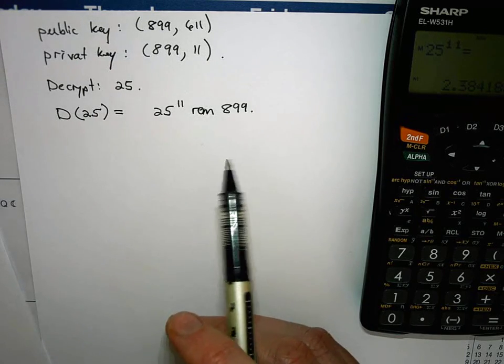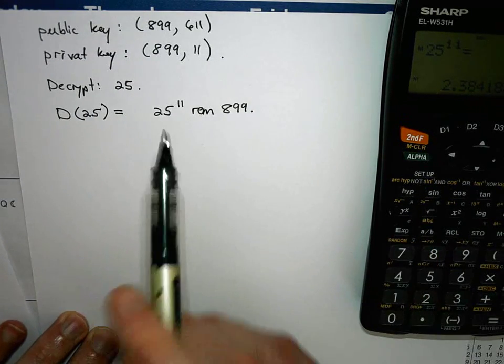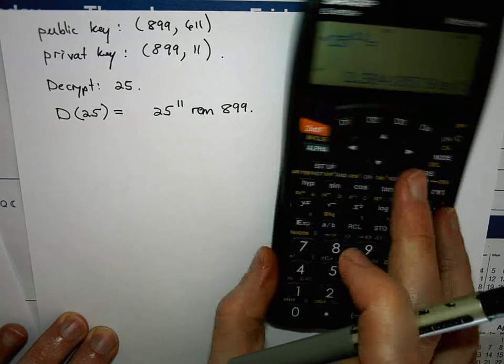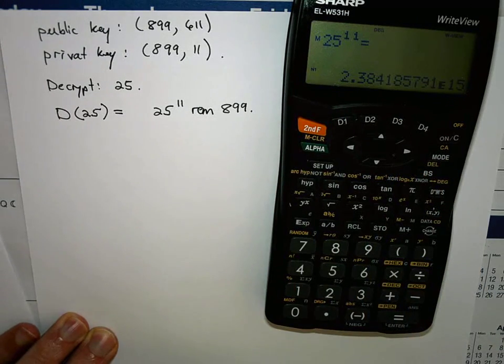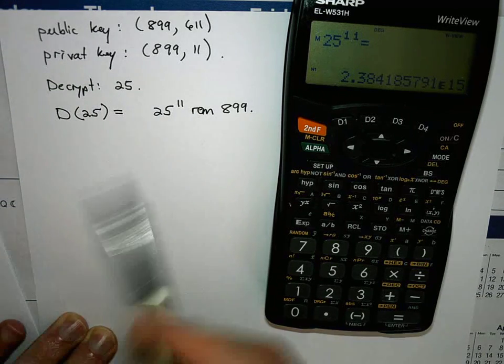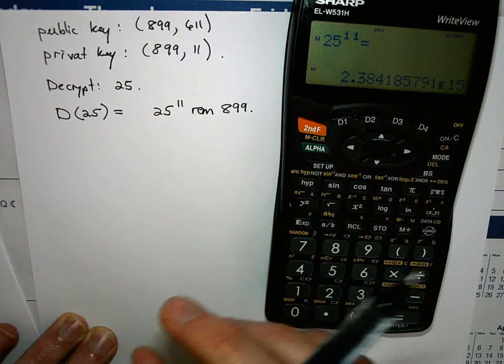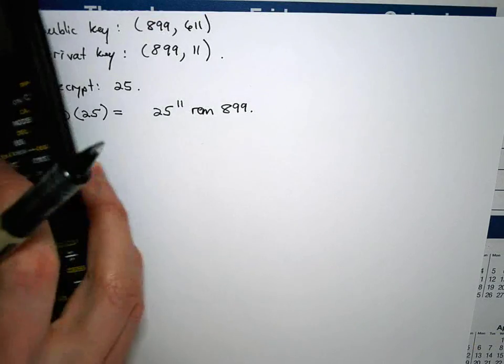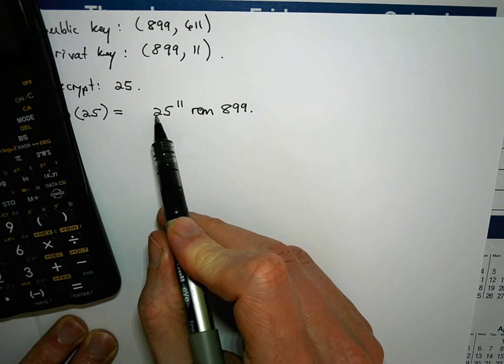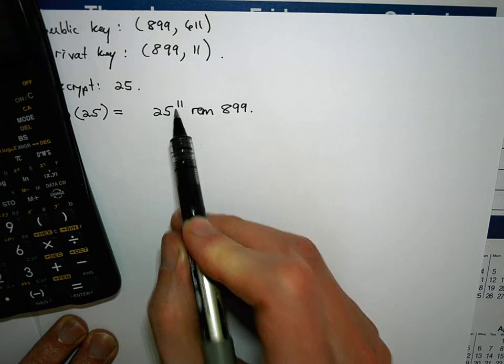If you don't have that at your disposal, you need to use your pocket calculator and some facts about congruences to whittle this down to something manageable. So let's look at a smaller power of 25, which we can handle.